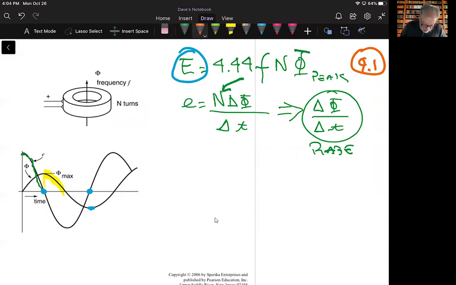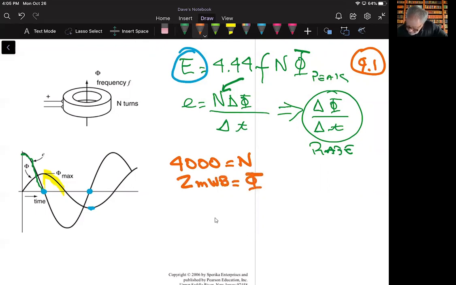It says I have a coil that has 4,000 turns, so that's equal to N. It links an AC flux that has a peak value of 2 milliwebers, and it's a peak. And the frequency is 60 hertz, and that equals F.